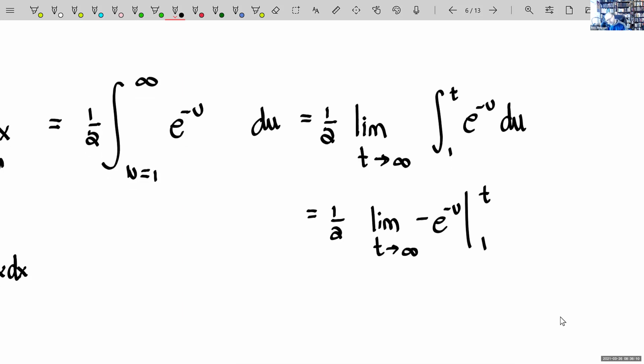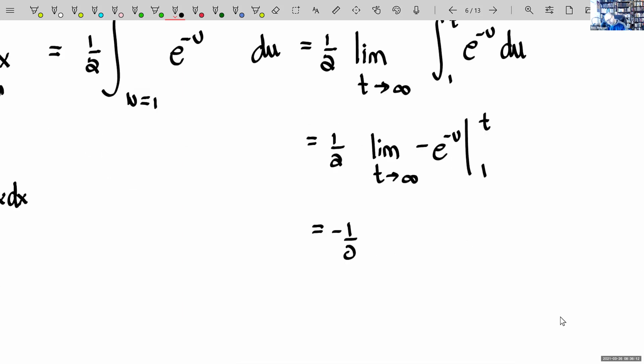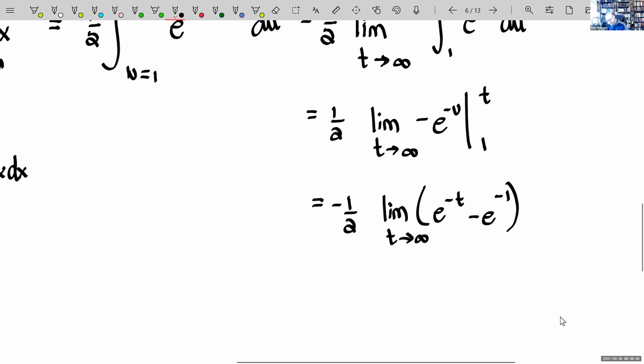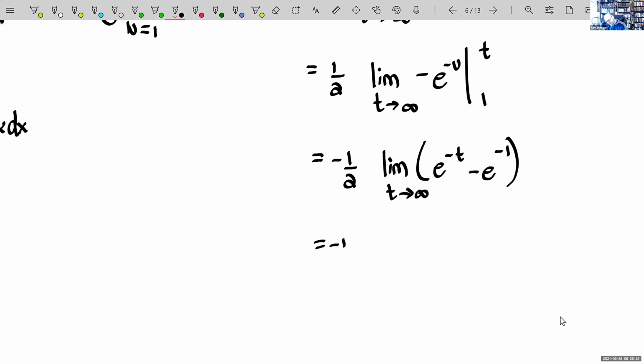And I'll go ahead and factor out the negative. I really hate negatives within my evaluation, so I'm going to throw that out front. And now I have e to the negative t minus e to the negative 1. But remember, e to the negative t is just 1 over e to the t.